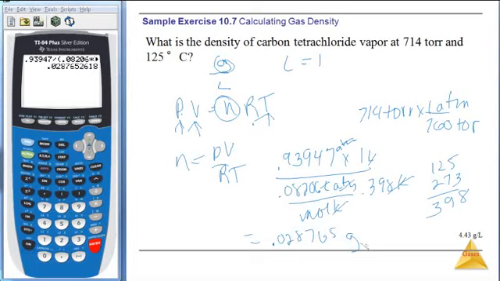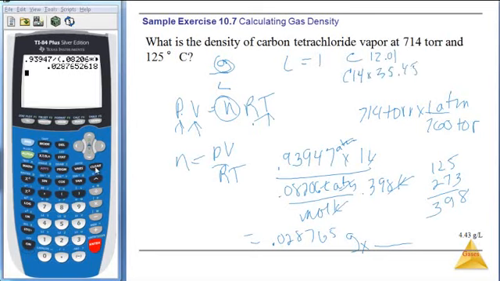Okay. And what I know is the molar mass of carbon tetrachloride. Carbon is 12.01. Tetrachloride, that's chlorine, 4 times 35.45.